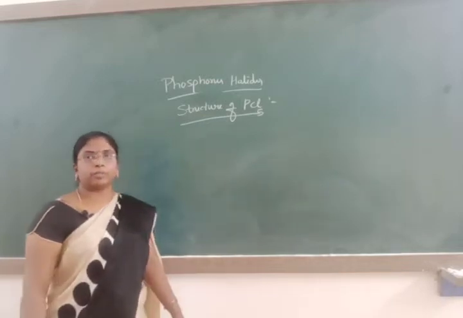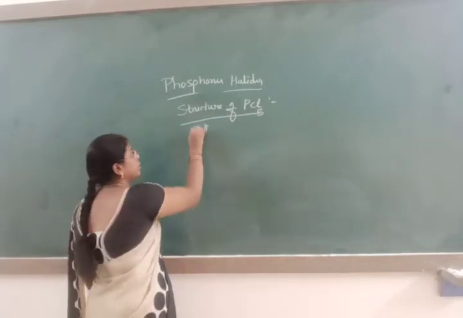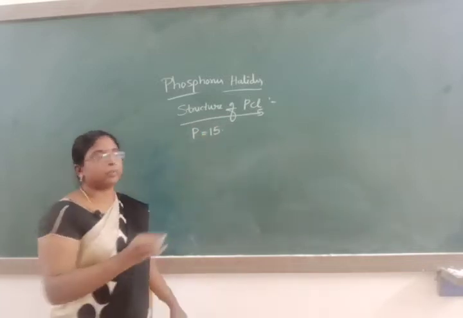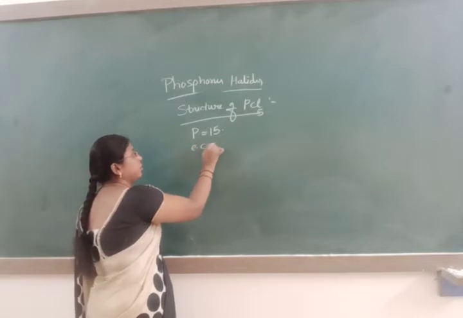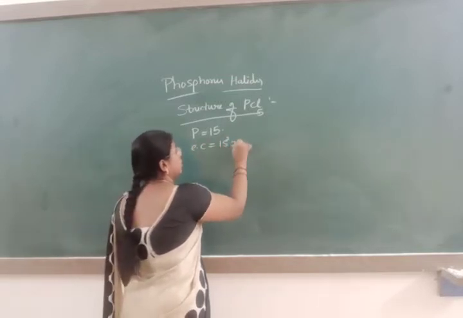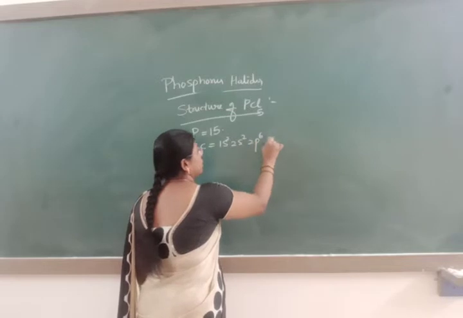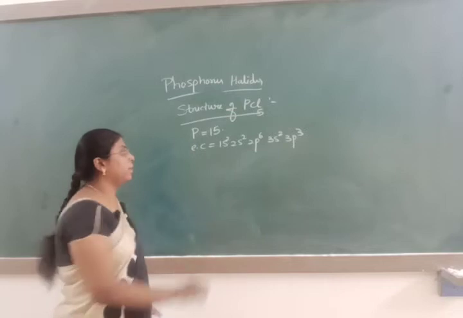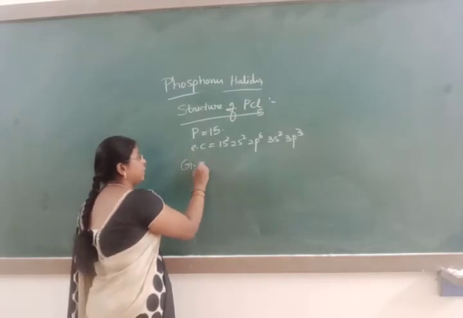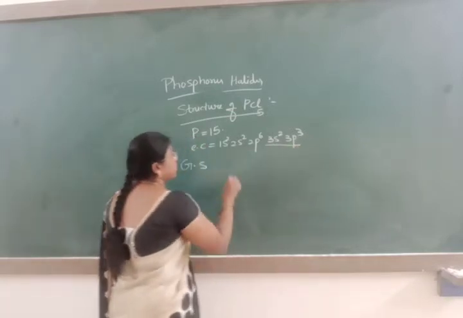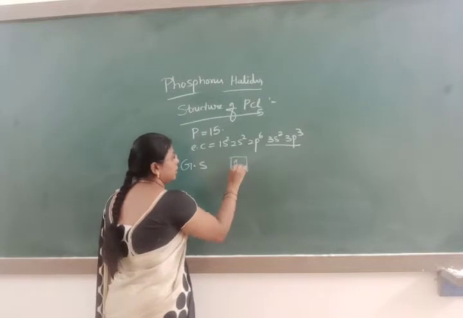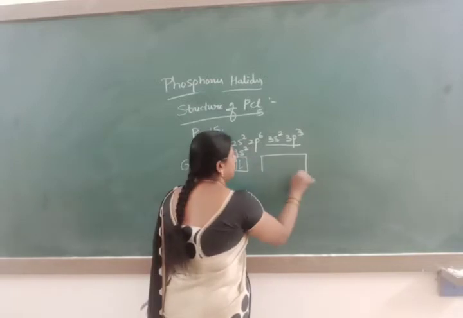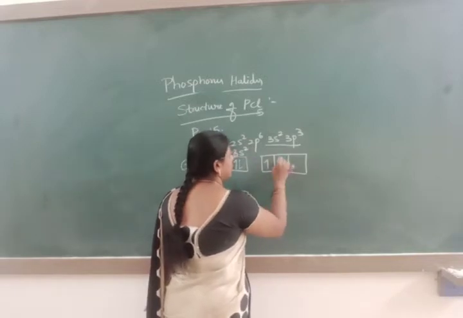You know that the atomic number of phosphorus is 15 and the electronic configuration of phosphorus is 1s2, 2s2, 2p6, 3s2, 3p3. In the ground state, you have 3s2, 3p3. 3s has 2 electrons, and 3p has 3 electrons.